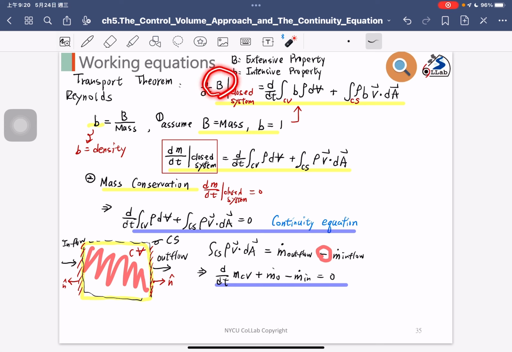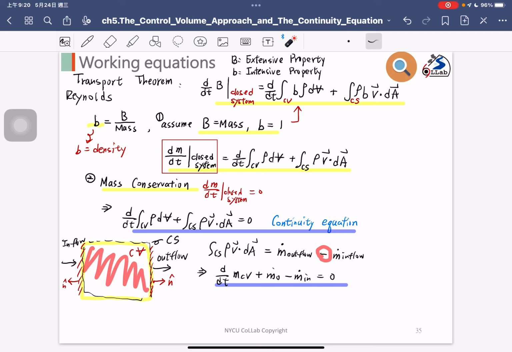For example, for chapter 6, we put the momentum into the Reynolds transport theorem, so the capital B here will change to momentum. And in chapter 7, we will put the energy in the capital B here, and you will have a different Reynolds transport theorem formula.